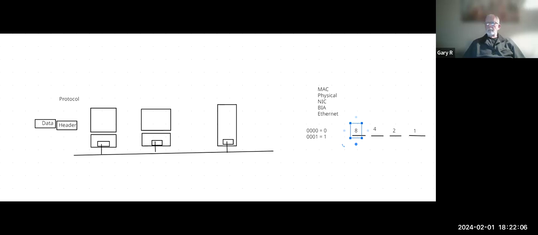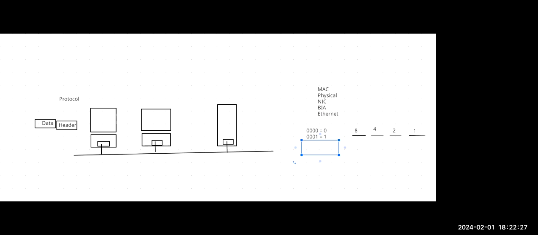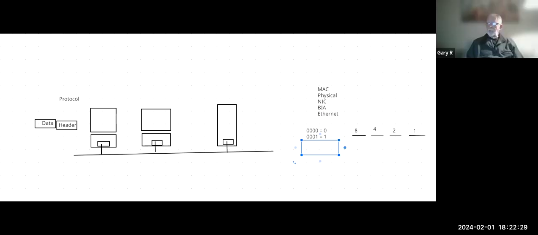Now, 0, 0, 1, 0 equals what? 2. Okay. We're going to keep going on this.